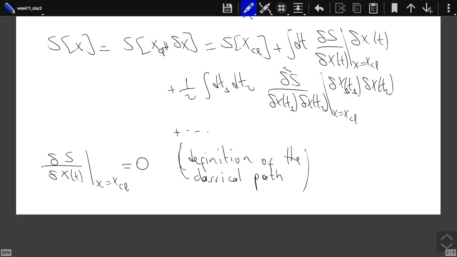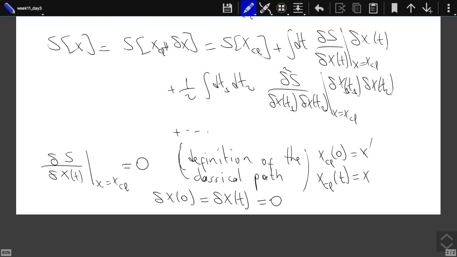And just one more point: the classical path you have to define in such a way that x classical at 0 is equal to x prime, this is our initial point, and x classical at the time t is equal to x, which is our final point. So these variations, delta x at 0 and delta x at t, are equal to 0.